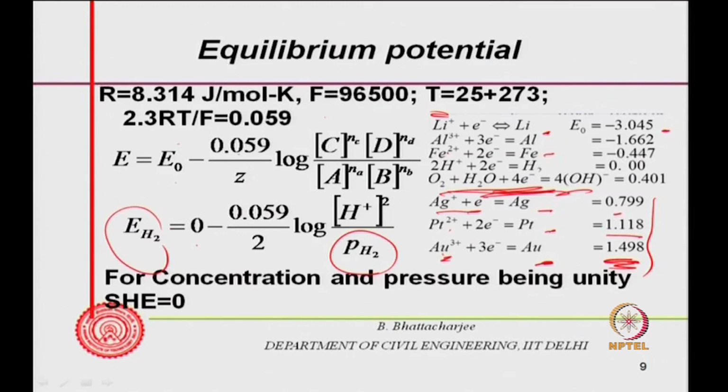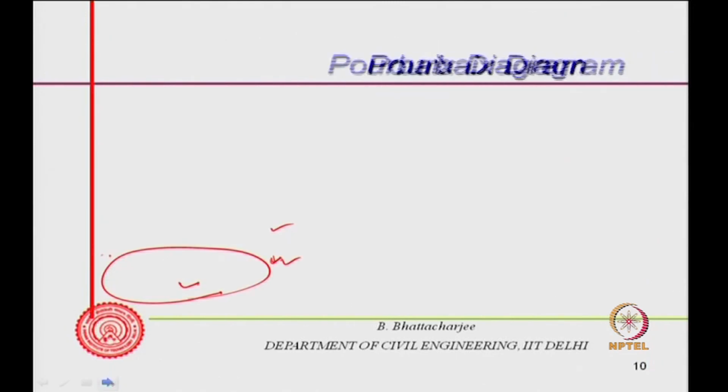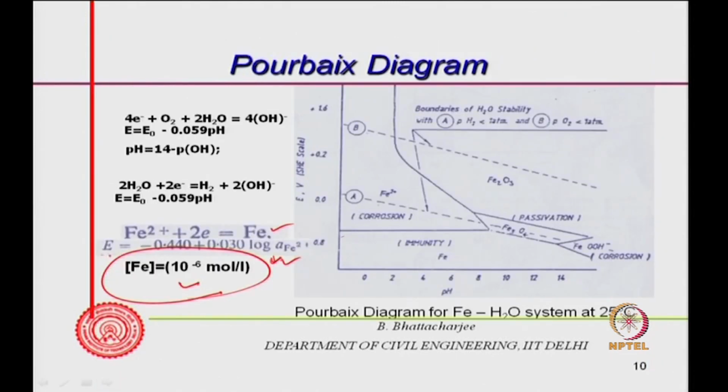So, you put 2 here, it will be 0.03, and here the Fe ion concentration will be there. If you put the Fe ion concentration as 10 to the power minus 6 moles per liter, you will get this line. If the concentration is more than this, it means corrosion is occurring. If it is less than this, corrosion is not occurring. So, one can identify theoretically the zone of immunity and the zone of corrosion.